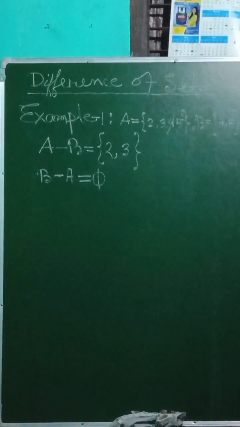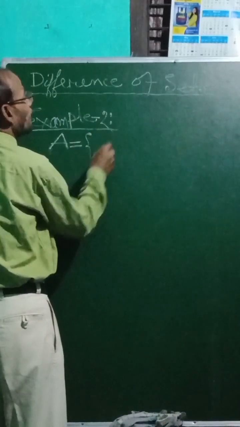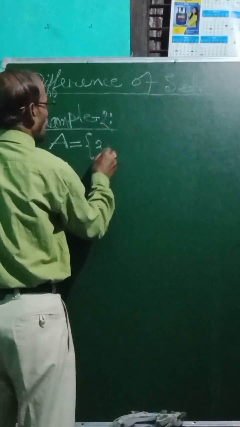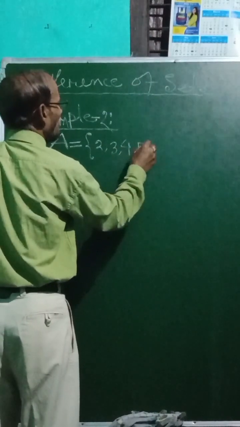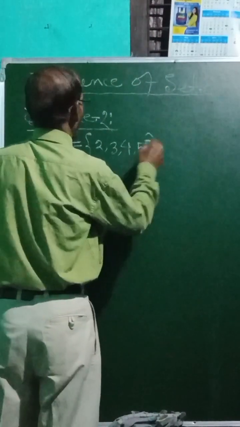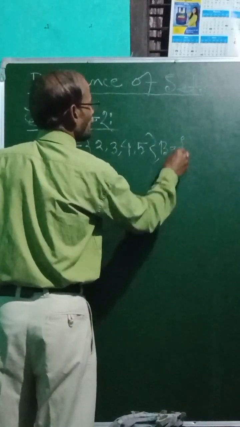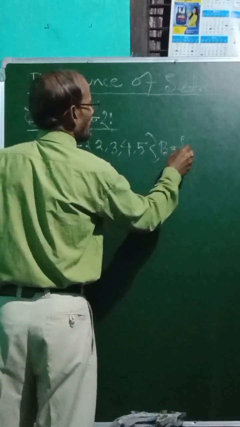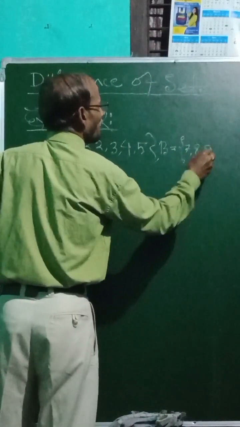Now let us come to example 2. A is equal to the same previous set, {2, 3, 4, 5}, and B equal to the set of elements {7, 8, 9}.